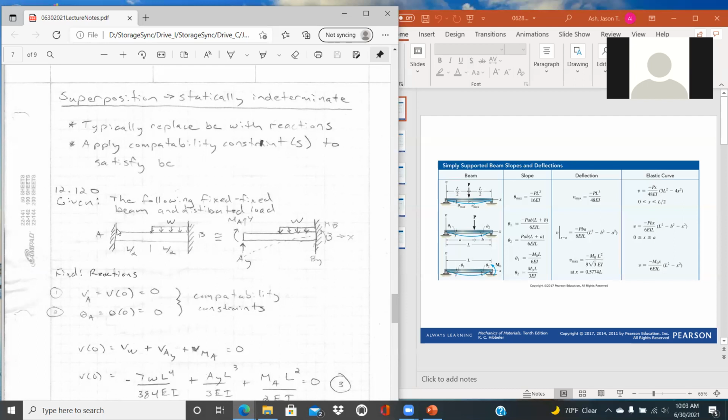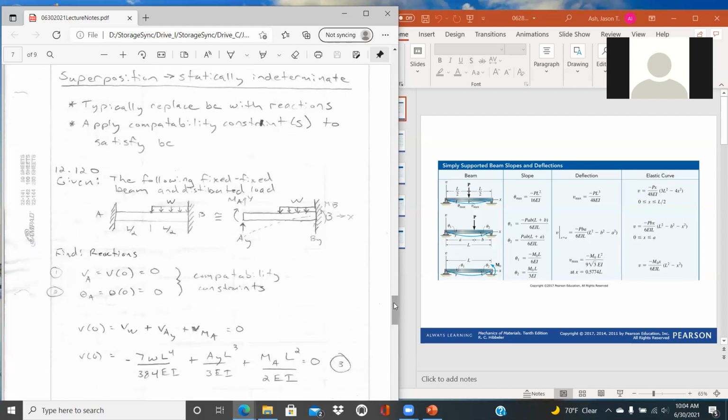If we're removing a fixed boundary here and replacing those with the corresponding vertical load and moment, we still have to satisfy that the displacement here at A is equal to 0 and that the slope at A is equal to 0. So those become then compatibility type constraints or boundary type constraints.